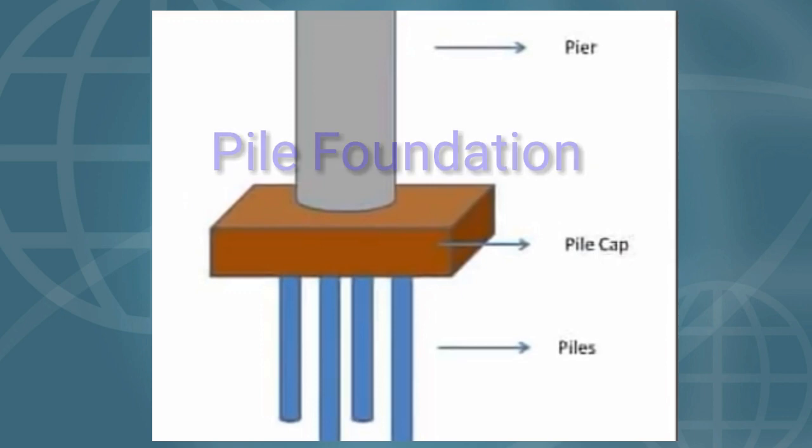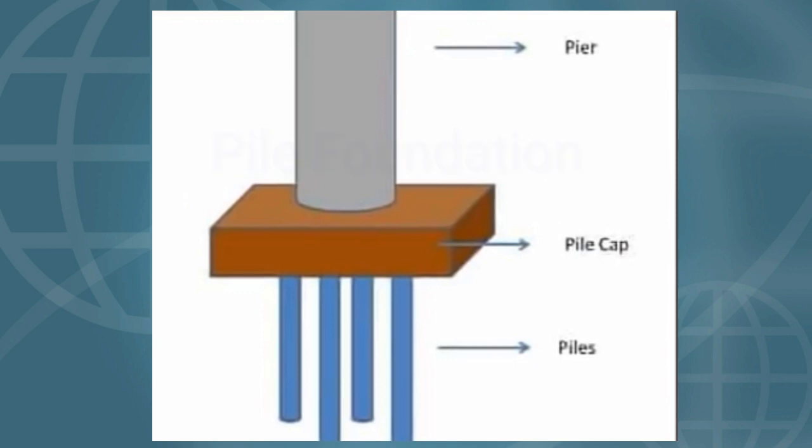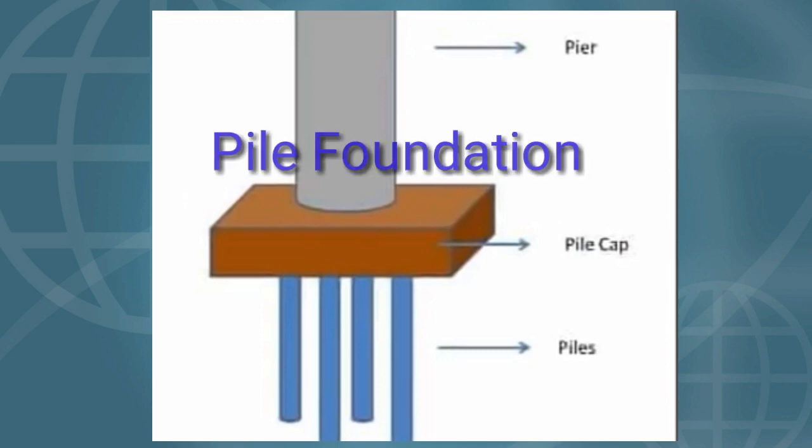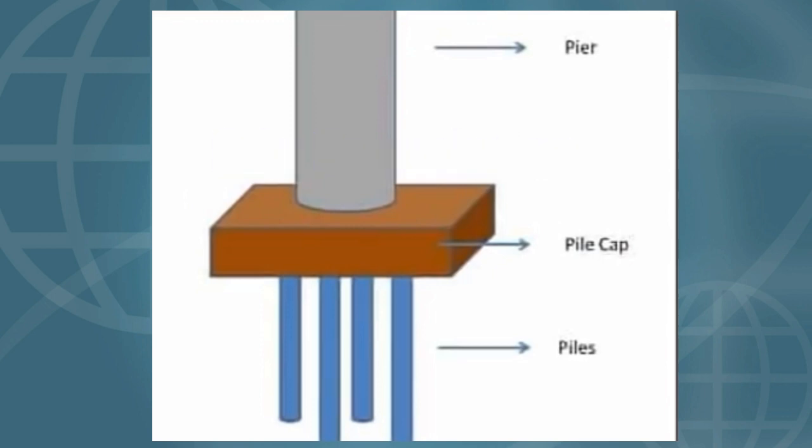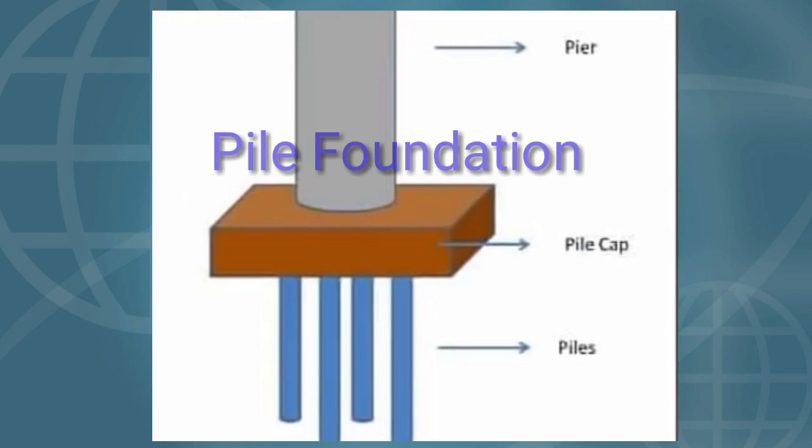So the loads of the building have to bypass this layer because of the weak soil and be transferred to the layer of stronger soil or rock that is below the weak layer. So this is situation number one for using pile foundations.